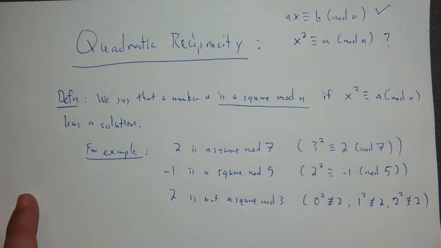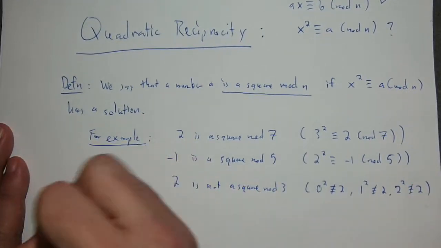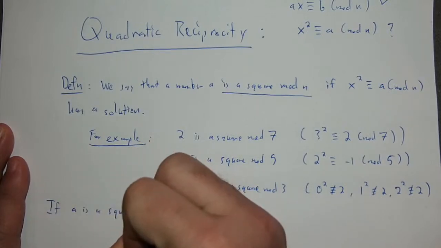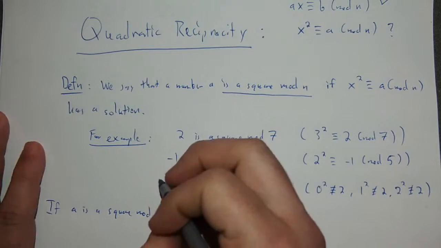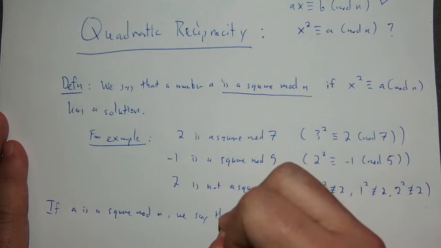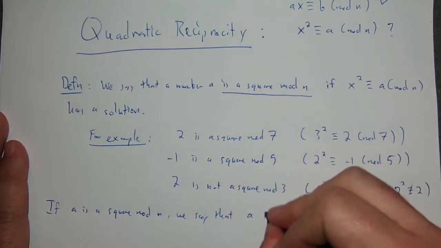Okay, so some more terminology here. If a is a square mod n, we say that a is a quadratic residue mod n.